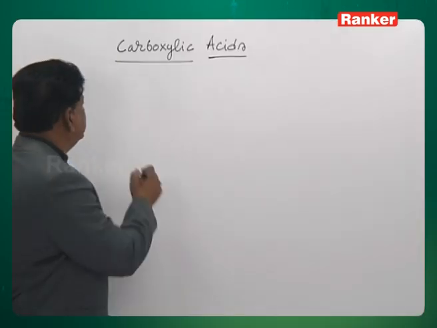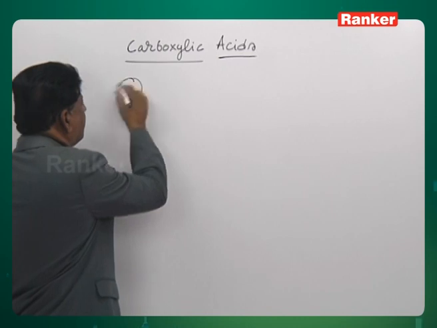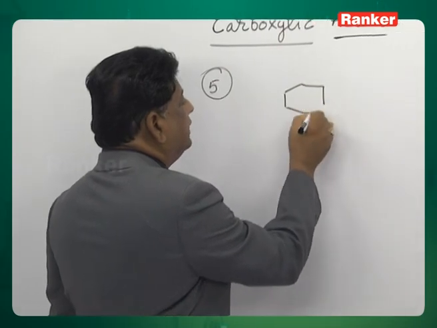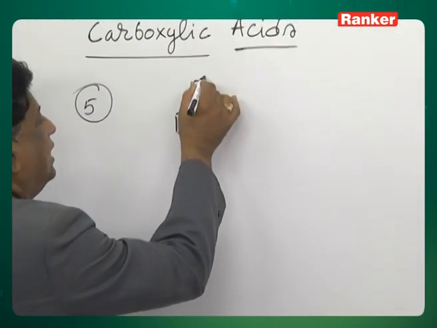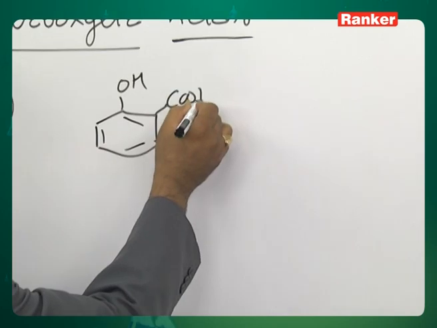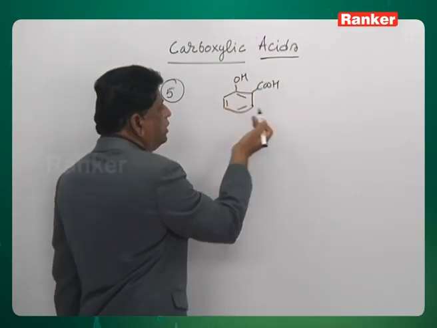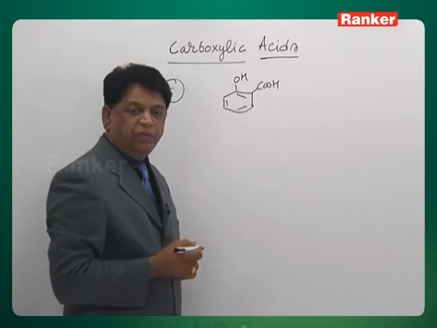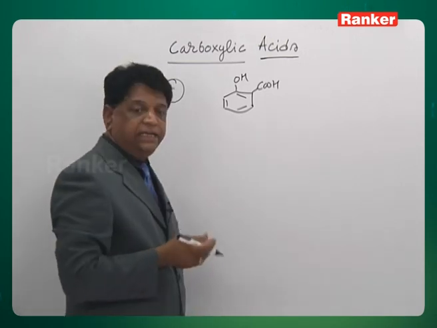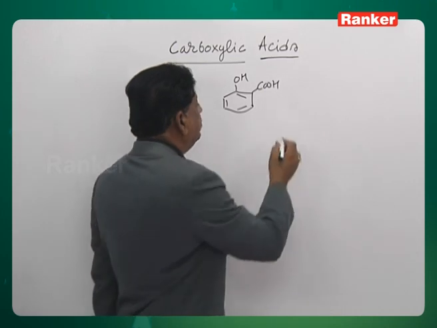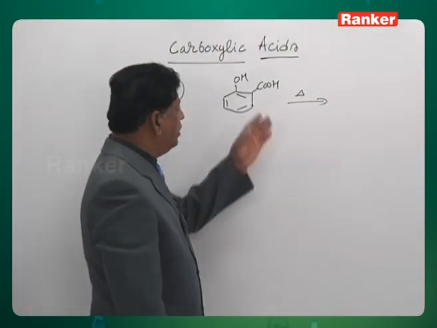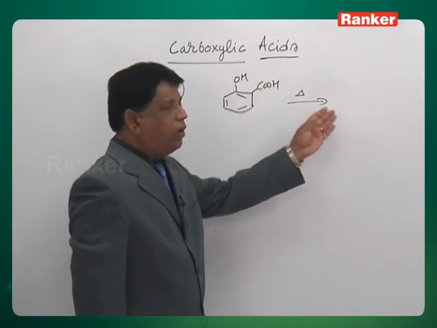Let us go for question number 5. Salicylic acid is heated up to 200 degrees. Salicylic acid is nothing but a phenol containing a COOH at the ortho position. Orthohydroxybenzoic acid, or the ortho carboxylic phenol, is known as what? Salicylic acid. This is heated at 200 degrees without anything. So, generally what happens when you heat it, carboxylic acids undergo decarboxylation, you will get the phenol.